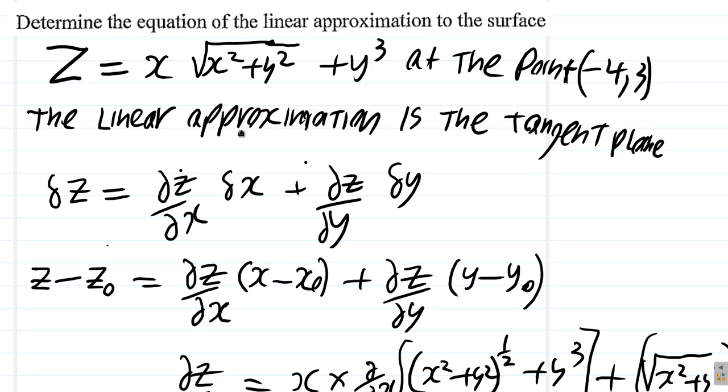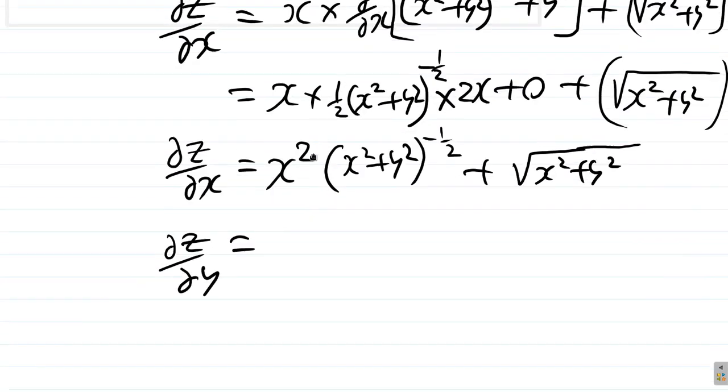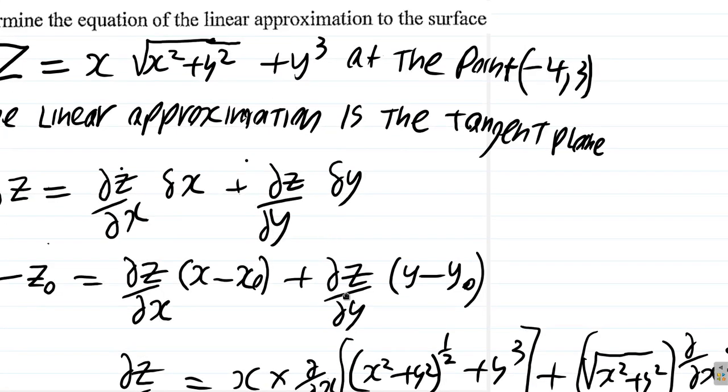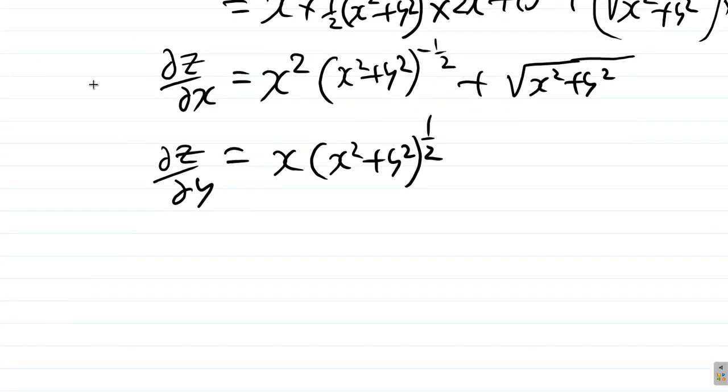You differentiate this, so it is x times x squared plus y squared to the half, if you write it as a power, plus y cubed.